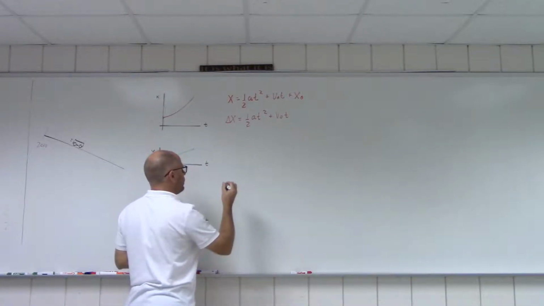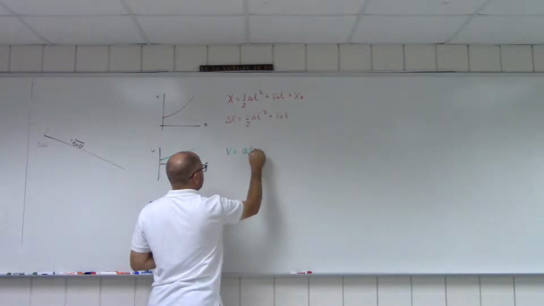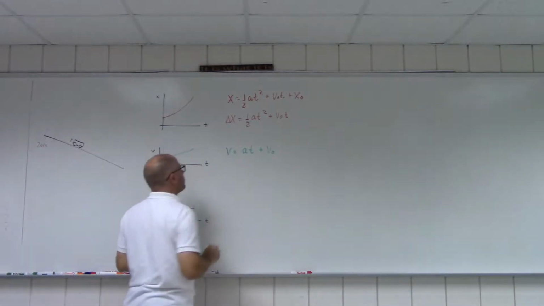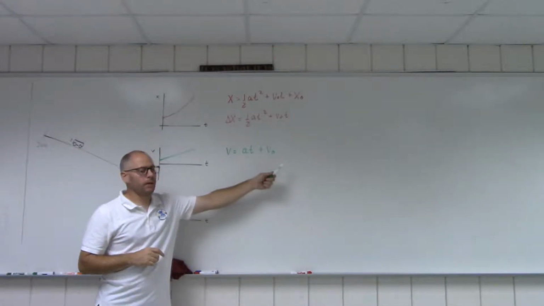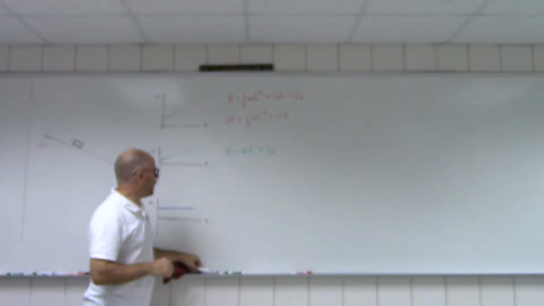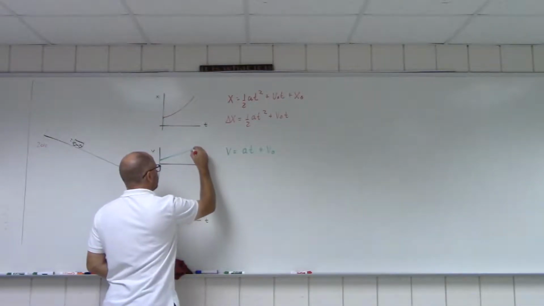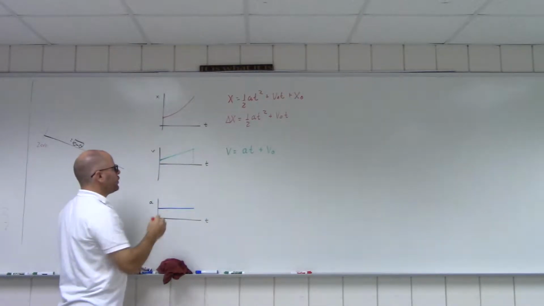The velocity equation is of the form y equals mx plus b that goes with this graph. And then in a previous video, we dropped this down, we shaded the area.